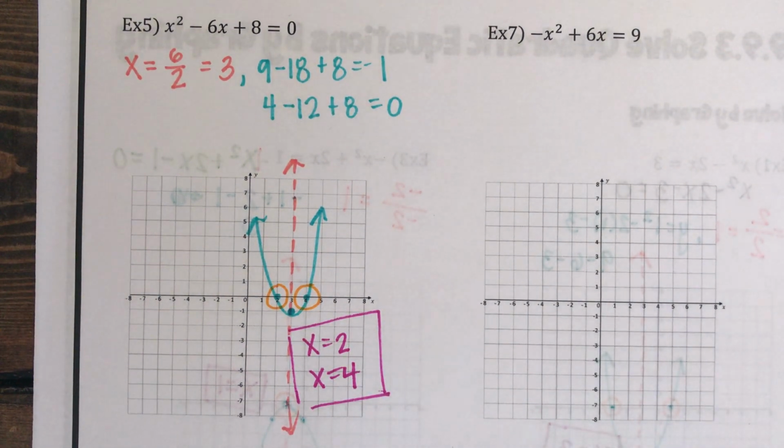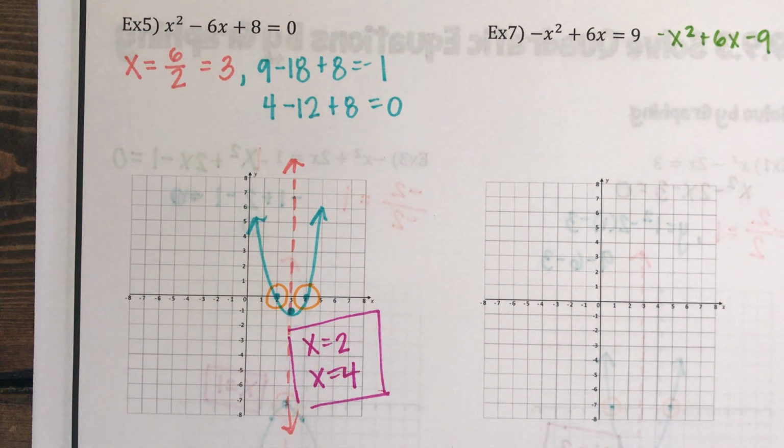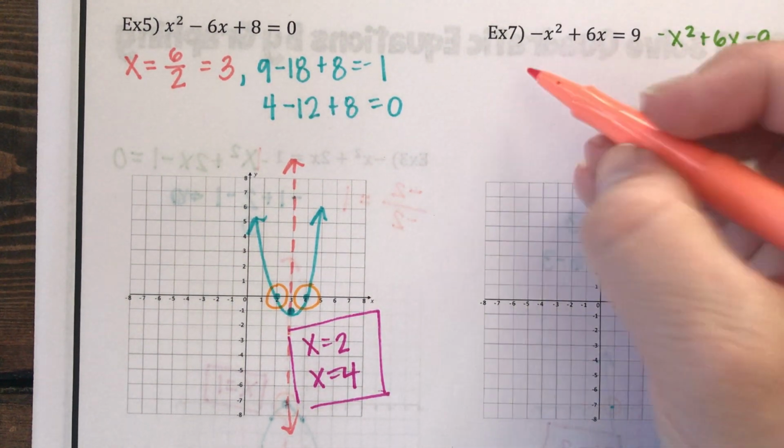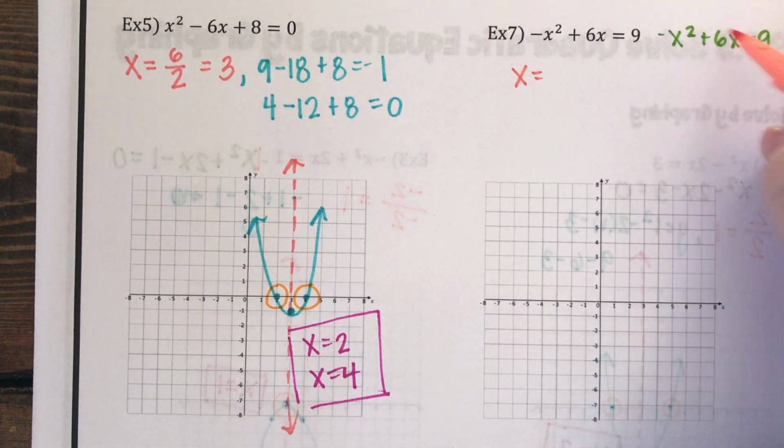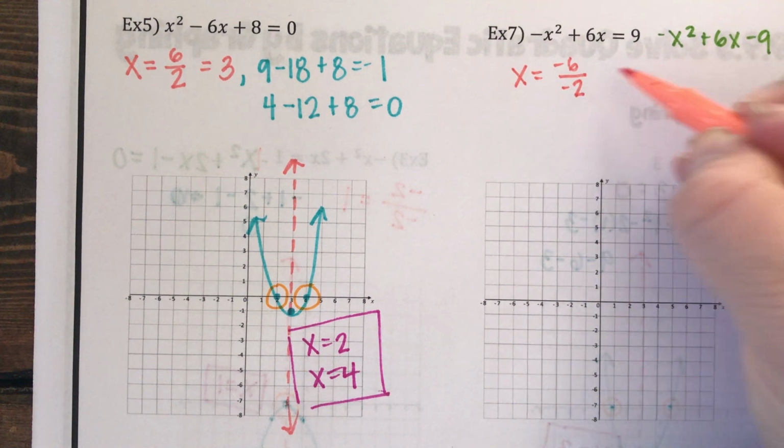Okay, number 7. Let's get it in standard form first: negative x squared plus 6x minus 9. So we're going to find the axis of symmetry. x equals negative b over 2 times negative 1 is negative 2.